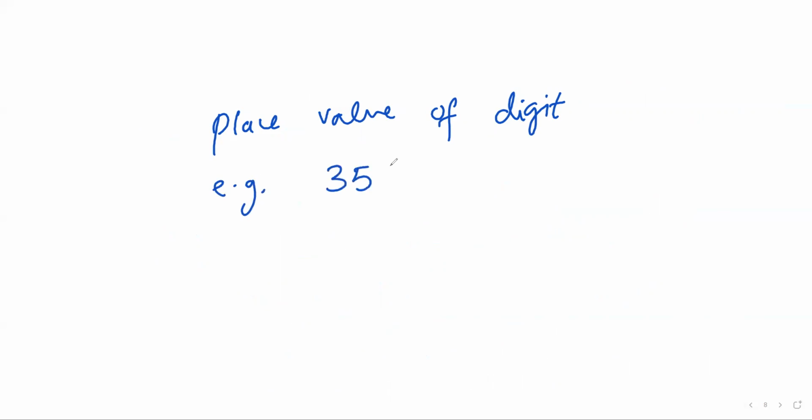Now let us understand an example of place value of a digit. Consider 35,765. Here 5 is repeated. As the place is different for 5, the place value changes as the place of 5 changes. This 5 is placed at unit place, therefore multiply it by 1.